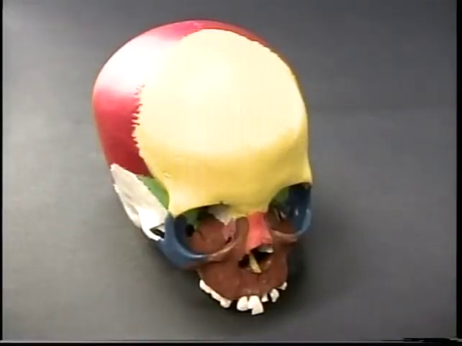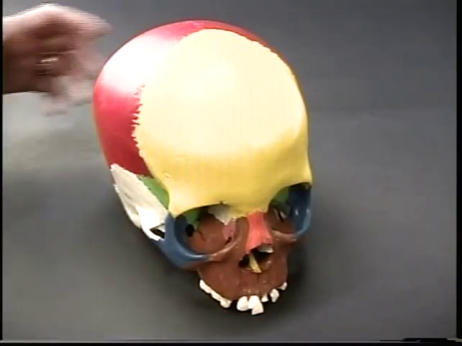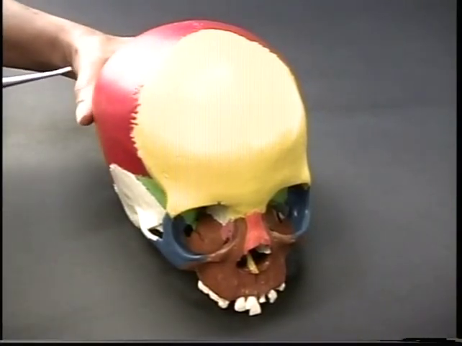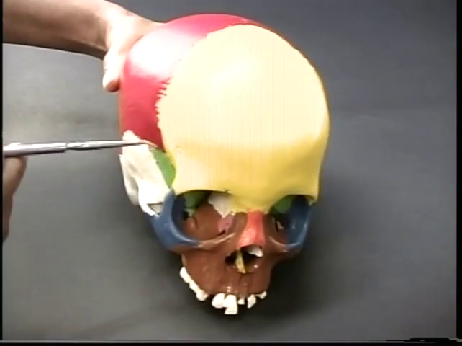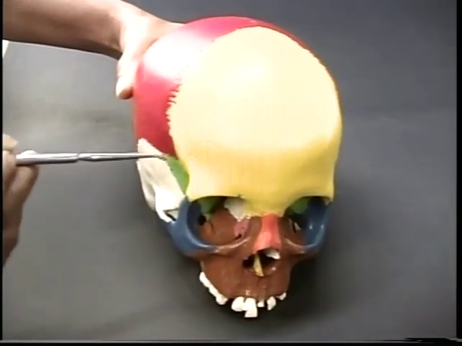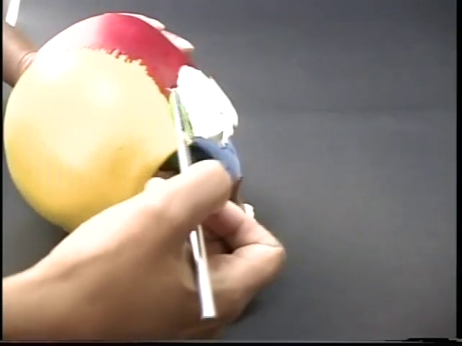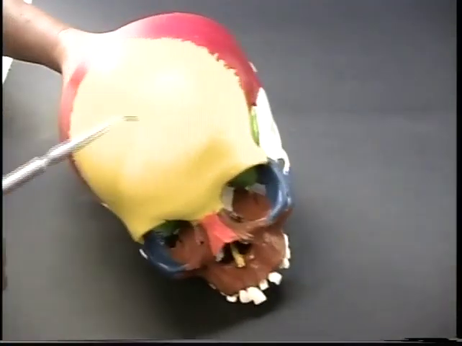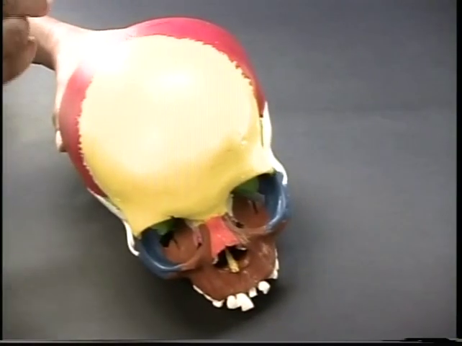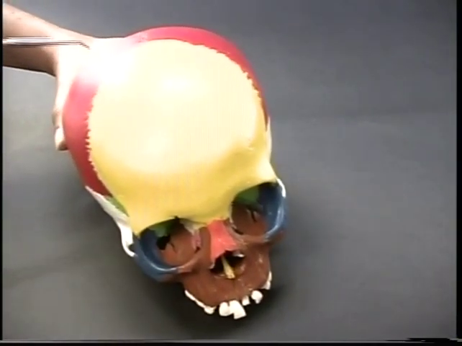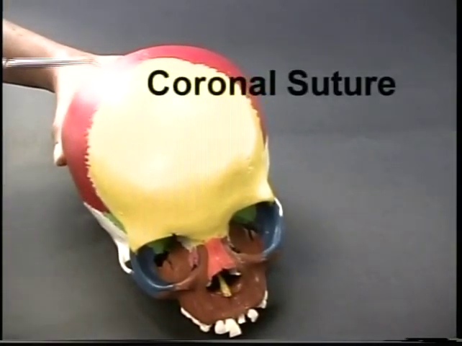So let me demonstrate the sutures which join these bones. This suture, extending from this end all the way up to here, joining the frontal bone with the two parietal bones, is known as the coronal suture.